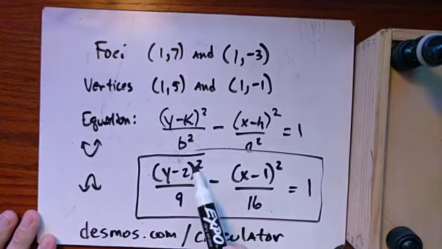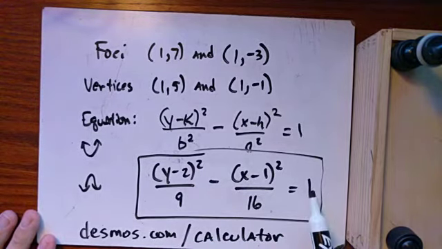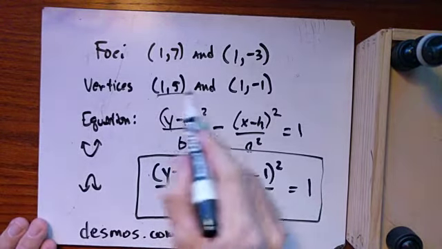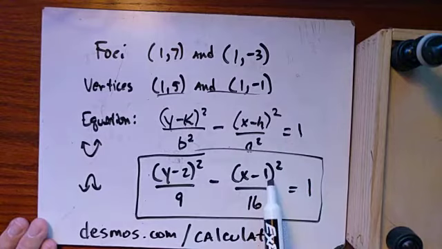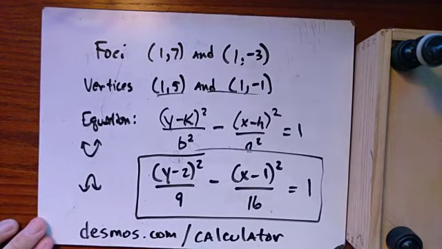You'll have to use arrow keys to get your exponents and fractions done, but you can type it straight up like this, the whole thing equals 1, and then see if the graph really does have those vertices. The center really is 1, 2. It's going up and down, and has the focal points inside those vertices, like I showed you.